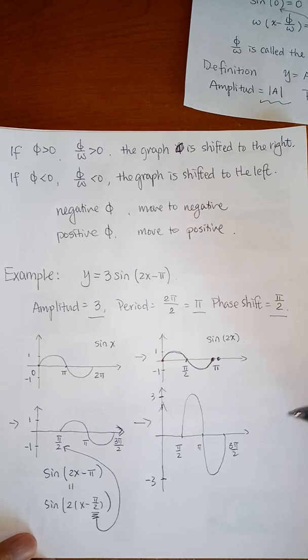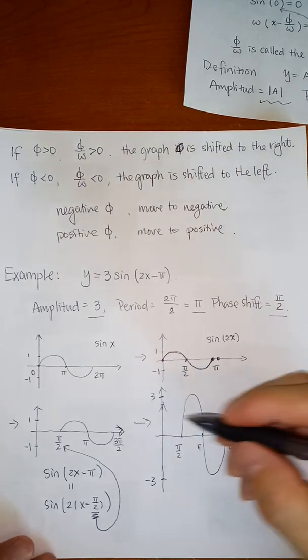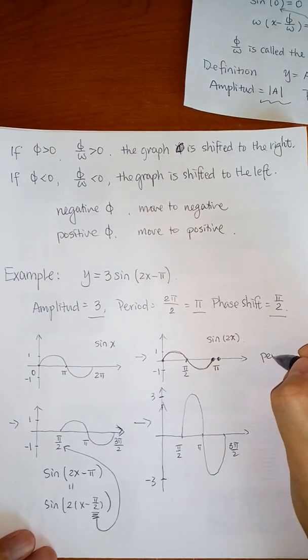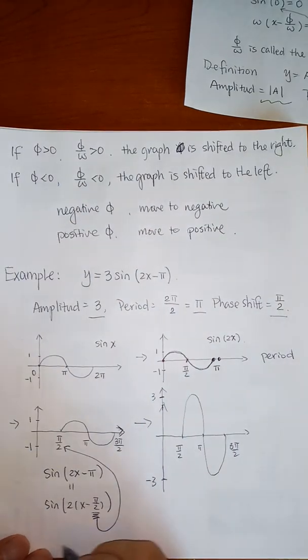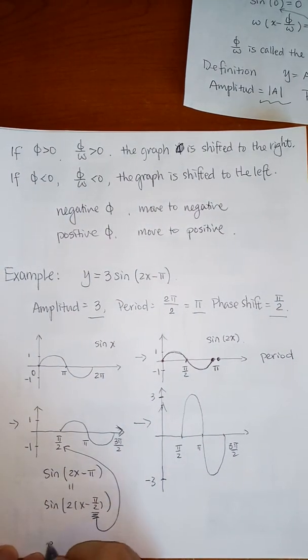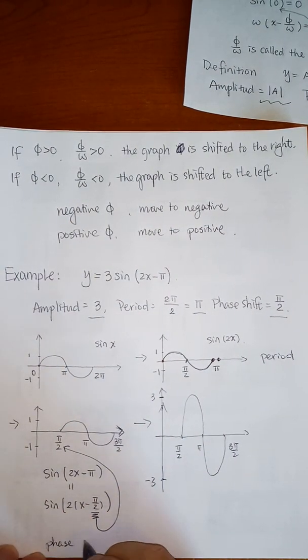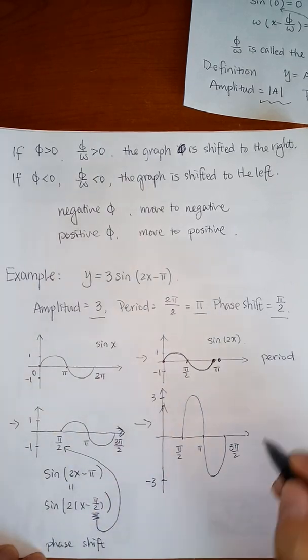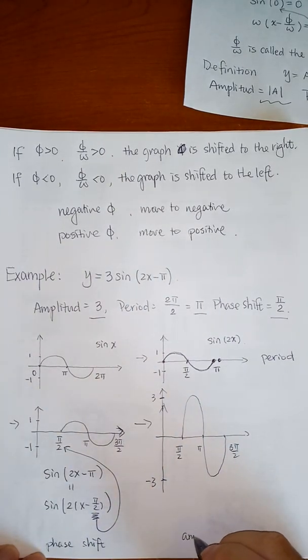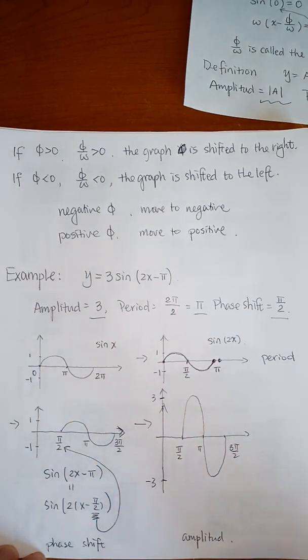Okay, you see what is the order for us to do the graph? We do the period first, and the phase shift second, and this amplitude third. Period, phase shift, amplitude.